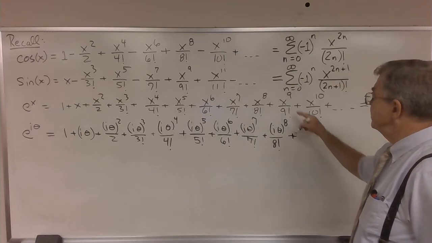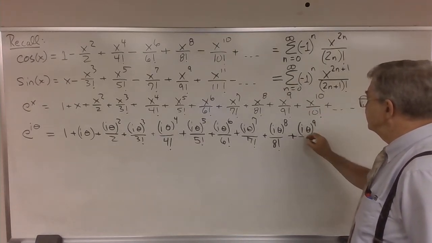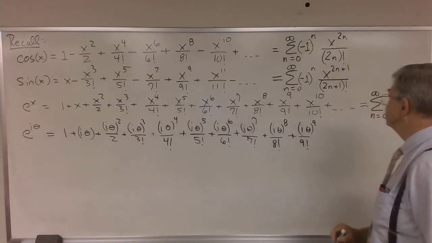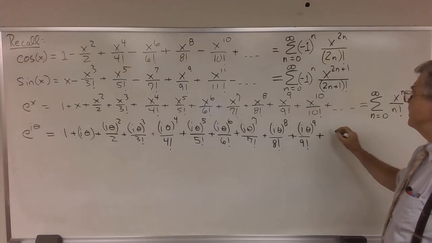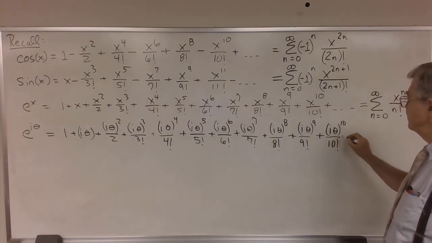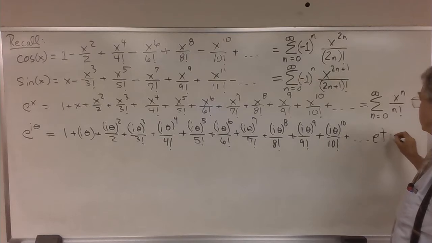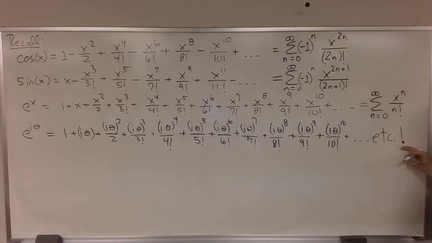We get (i theta) to the 9th over 9 factorial. And put it in here for x to the 10th. We get (i theta) to the 10th over 10 factorial. And then we get etc. factorial, or maybe etc. and then an exclamation mark, which means good grief, it's over.